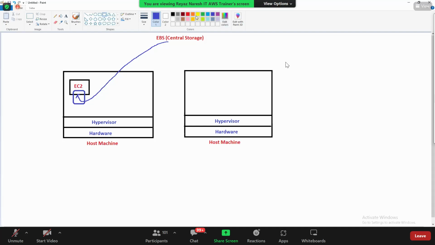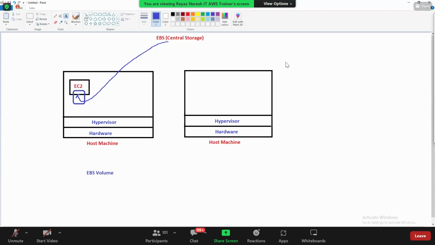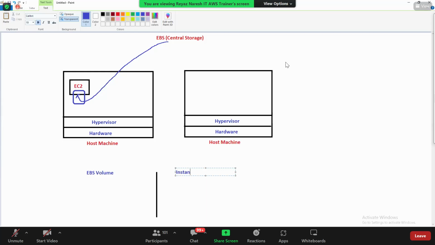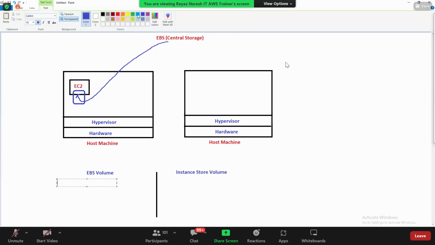So now let's see the difference between having an EBS volume attached and an instance store volume attached. If you attach an EBS volume, what will happen? And if you attach an instance store volume, what will happen? Let's see. There is one formula that you need to keep in mind. If you stop and start the EC2 instance, what will happen in the backend?